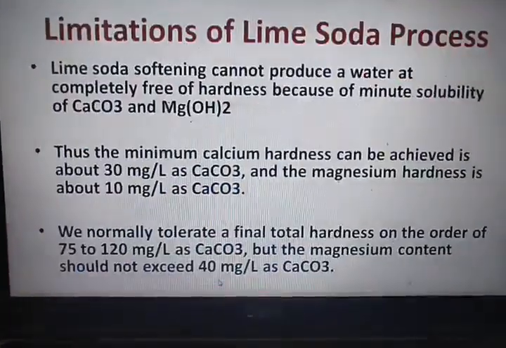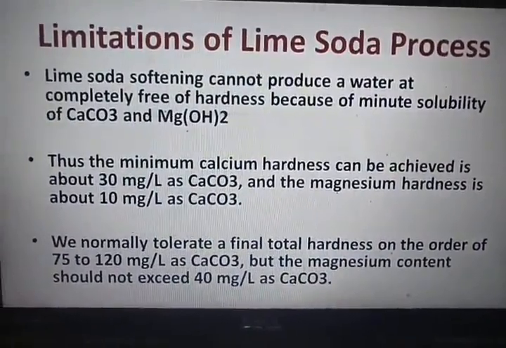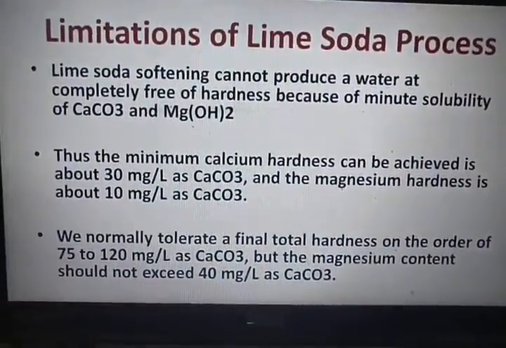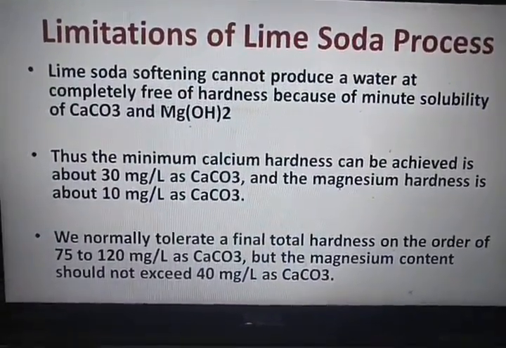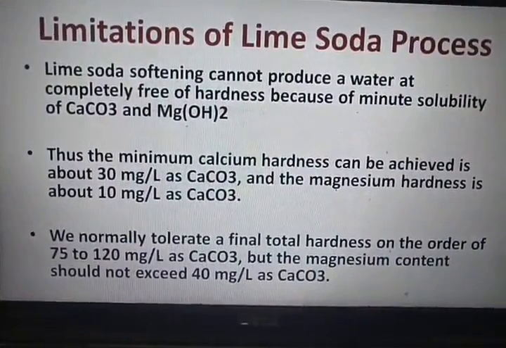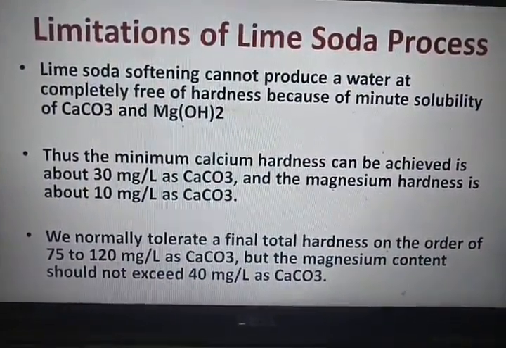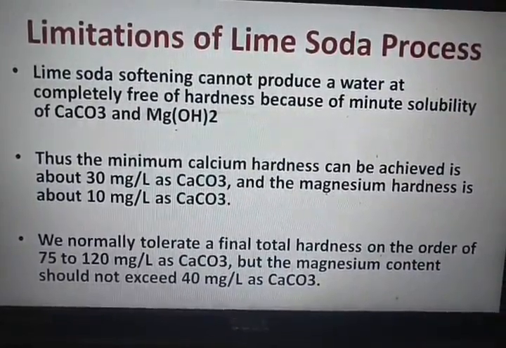Then what are the limitations of this lime soda process? The lime soda softening process cannot produce water completely free of hardness because of the solubility of the calcium carbonate and magnesium hydroxide.